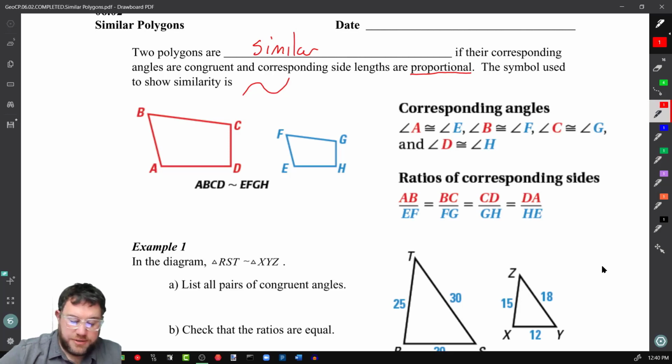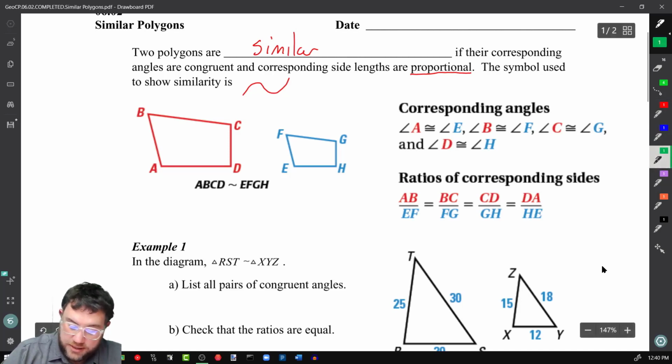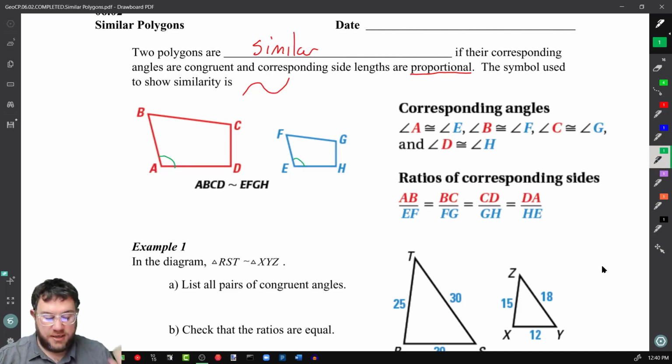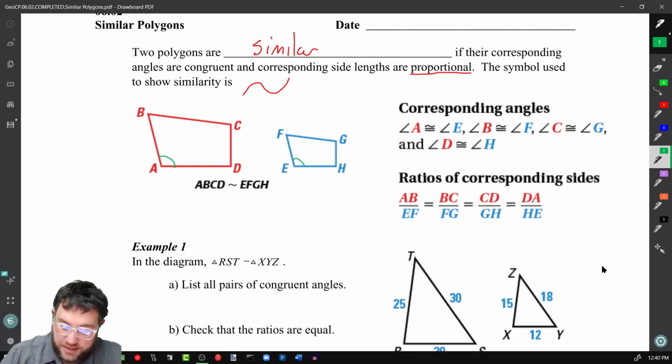So if you look at our two figures here, you can see we have some corresponding angles that are going to be congruent. So A and E are congruent. Notice figure ABCD and figure EFGH are not the same size at all, but they are similar, and you'll see why here as we do these angles and sides.